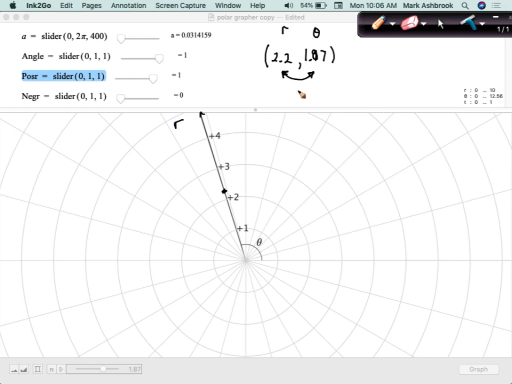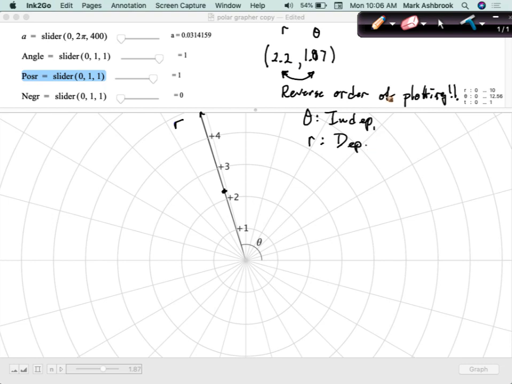I have no idea how this came to be, but it's messed up. The convention is r comma theta, but theta comes first in the process. Theta is independent, and then r is dependent.